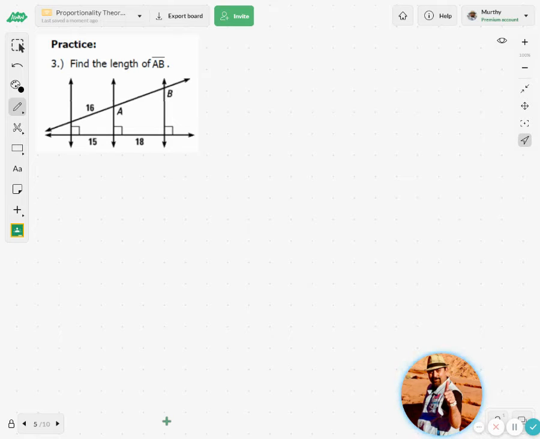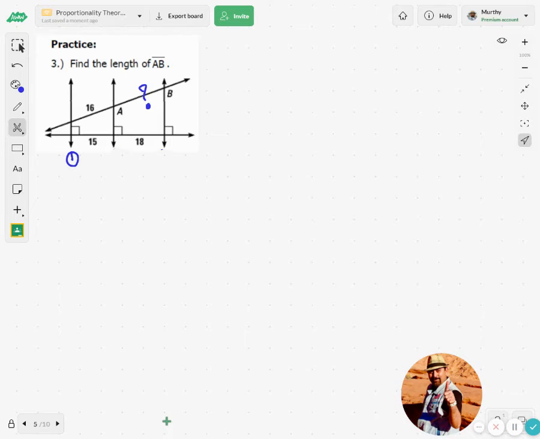So find the length of AB. So here AB means it is this one. I see that this is the first parallel line, this is the second one and third one. These three parallel lines are intersected by two transversals. Therefore, I can make use of the theorem we just learned.